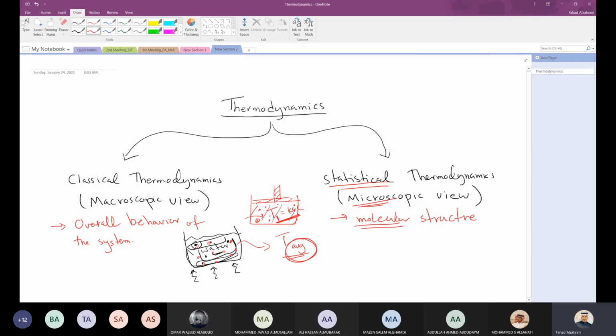However, in classical thermodynamics, and specifically in this course, which focuses on the classical view, we usually look at the overall behavior of the system. We don't go deep into the molecular structure to understand the behavior.